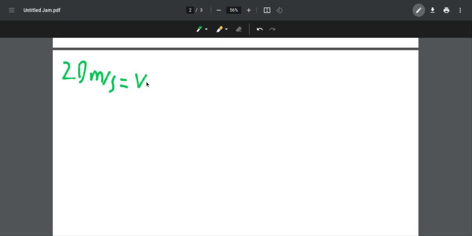And where I said 60 meters below its starting position, that means negative 60 meters, which is the net displacement, also shown as delta x.